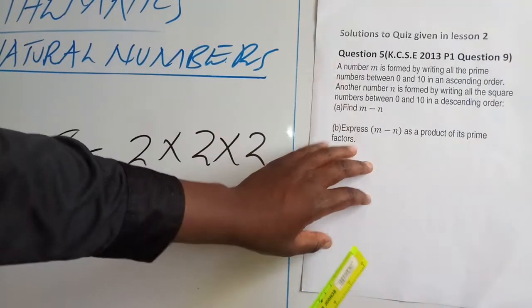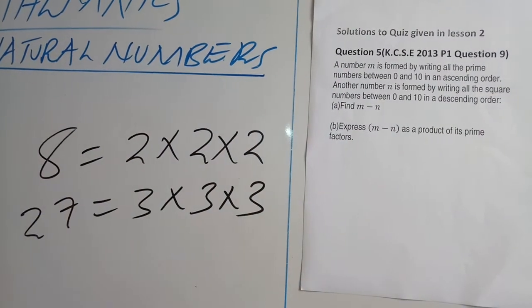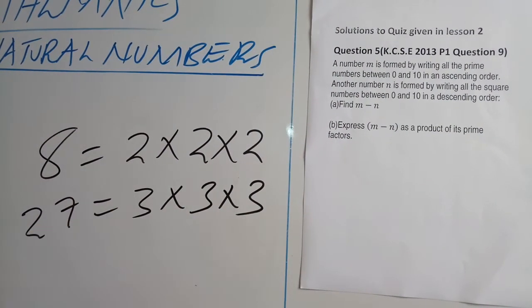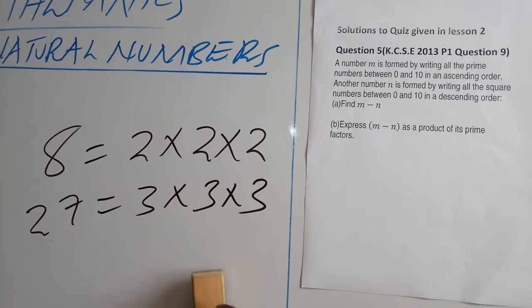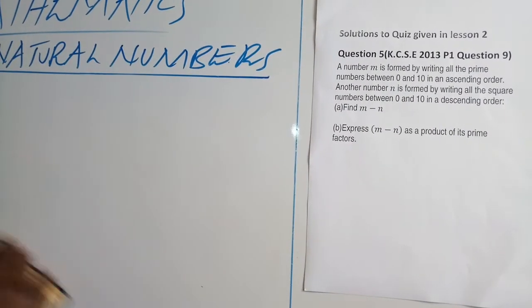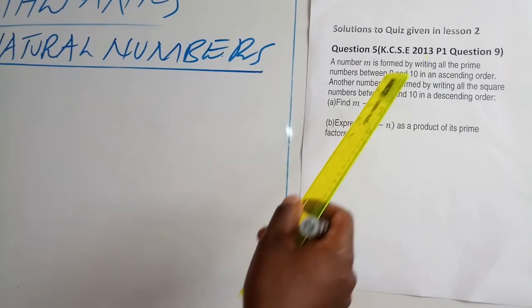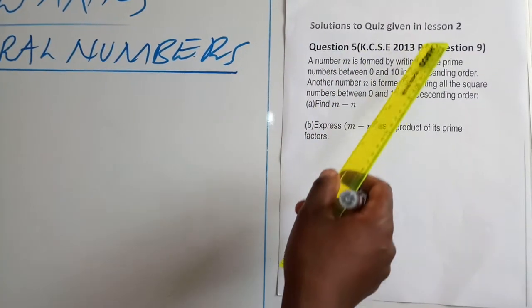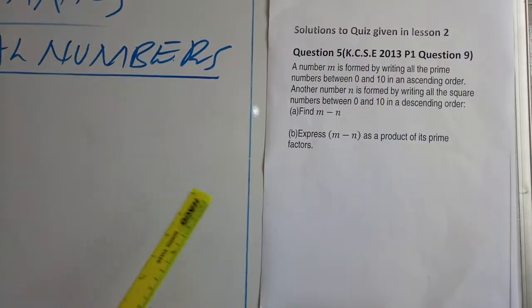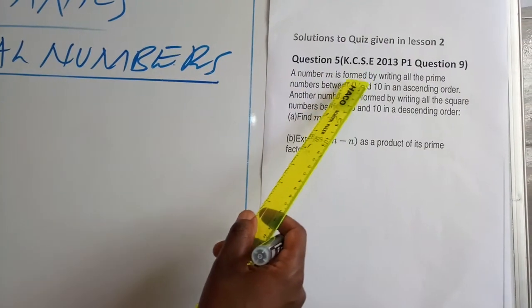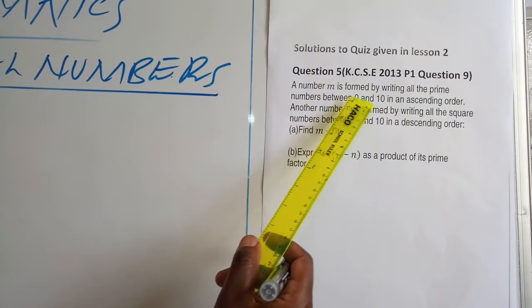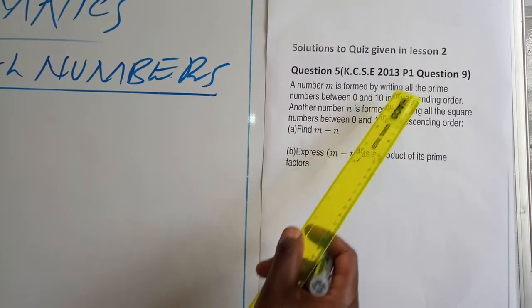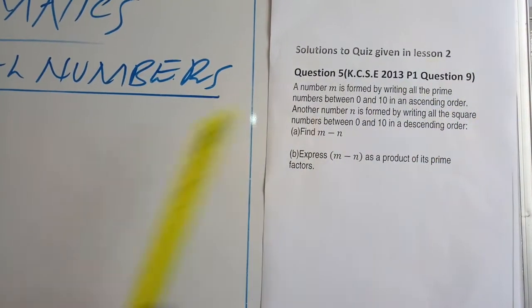We look at a question from the past KCSE exam in this regard. Then maybe later we shall be able to discuss more questions. Now, this is the question. KCSE 2013, paper 1, question number 9. A number m is formed by writing all prime numbers between 0 and 10 in an ascending order.